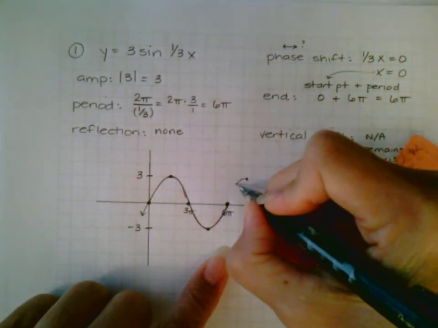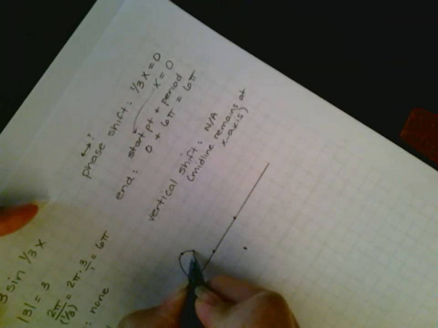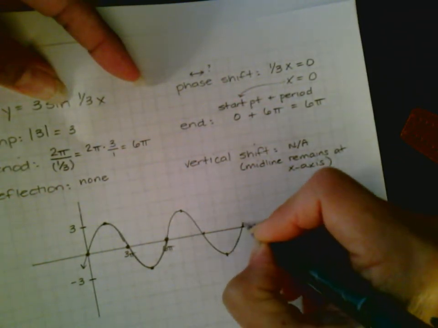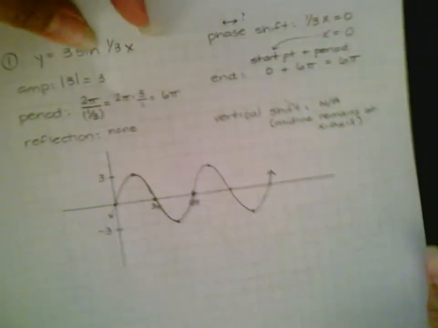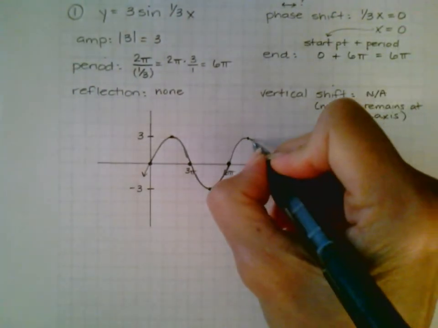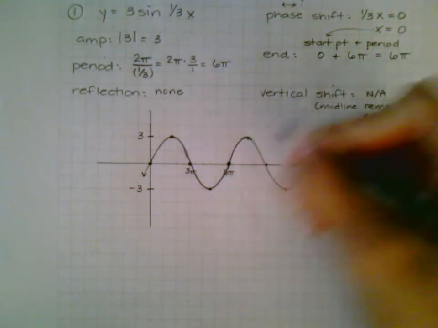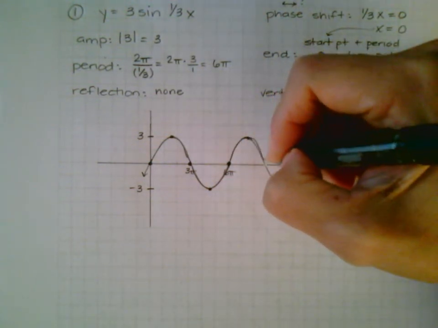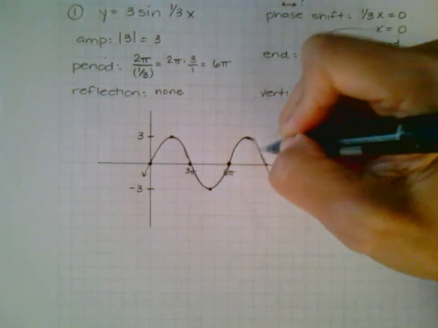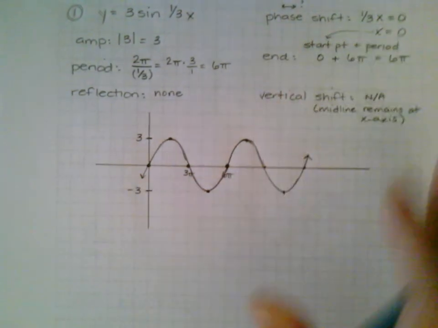So I'm going to connect my dots again, keep going, so then I have at least another wave drawn, and then I'm done. Okay, so that's all you have to do. Okay, so you're done with that graph.